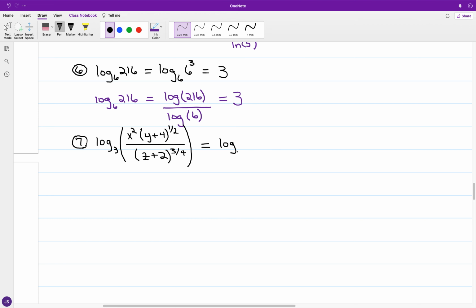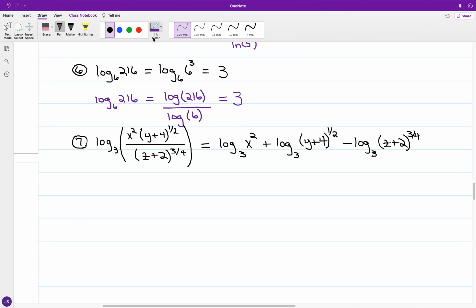If I go with what's at the top first, I have base 3 logarithm of x squared, plus the base 3 logarithm of the quantity y plus 4 to the 1/2, and minus the base 3 logarithm of the quantity z plus 2 raised to the 3/4.